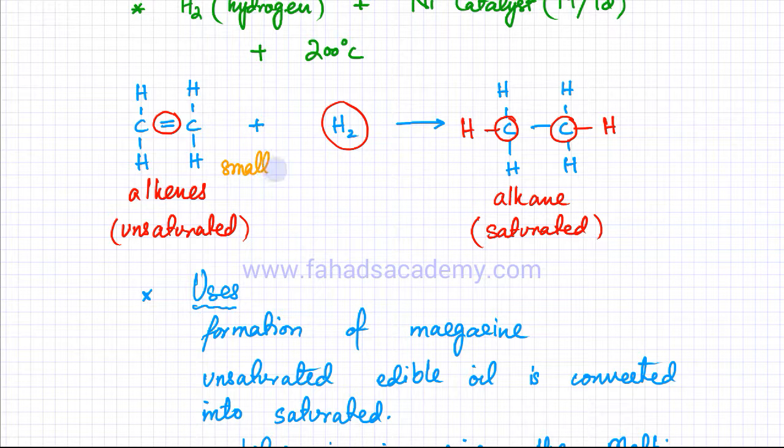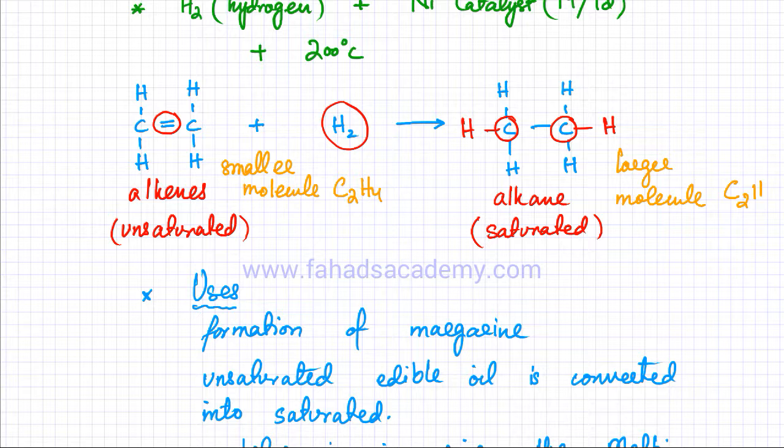You can see that the formula for this molecule is C2H4, and that molecule is converted to a larger molecule whose MR is C2H6. Whenever, and this applies to all hydrocarbons, larger molecules are going to have higher melting and boiling points because they are larger molecules.